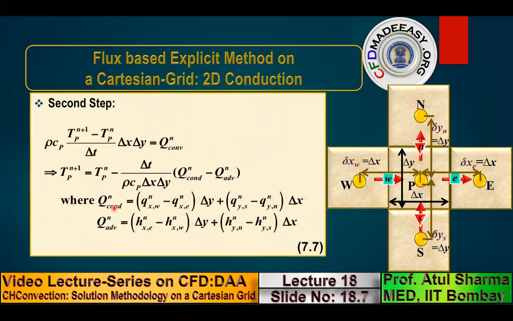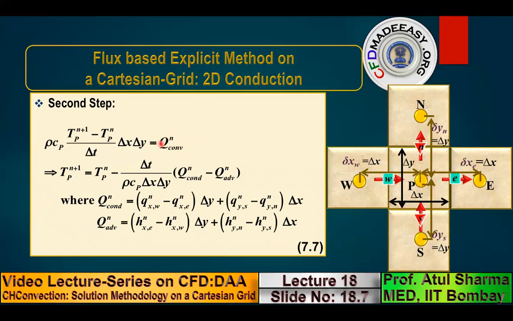After you have calculated the conduction fluxes and enthalpy fluxes, then you have to calculate the convection fluxes. Then the second step is the discretized algebraic equation, where on the left hand side you get the rate of change of enthalpy, and on the right hand side you have the total heat gained by convection.